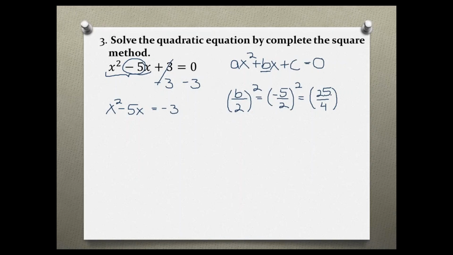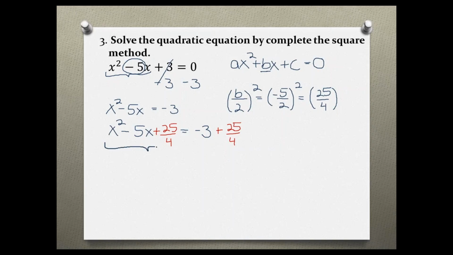Now we have to add this number to both sides of the equation. So x squared minus 5x, and we do that to create a perfect square trinomial. So we're adding 25 over 4 to this side, and then also 25 over 4 to the other side.